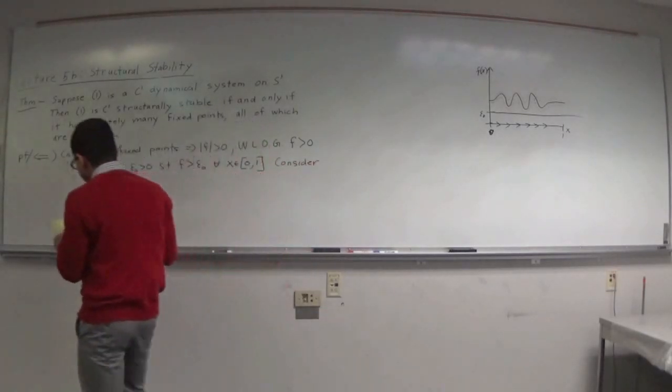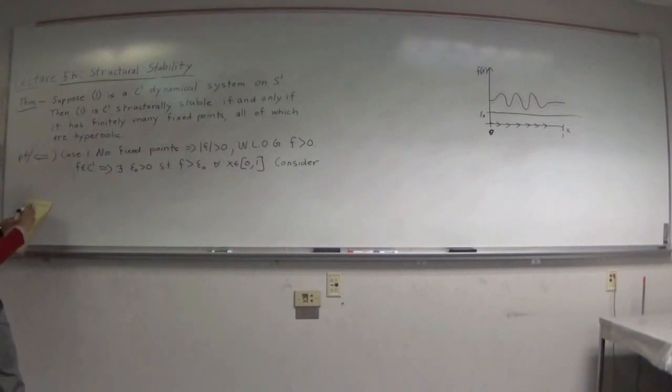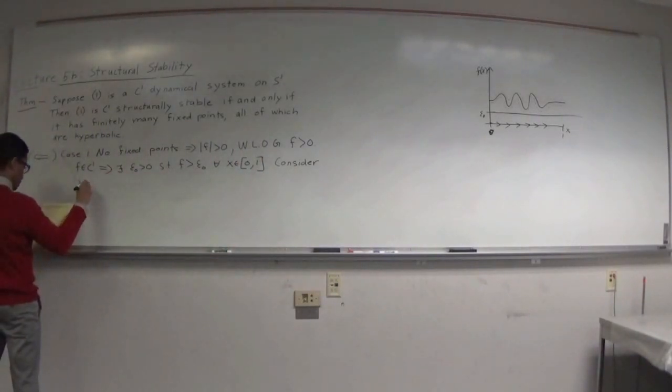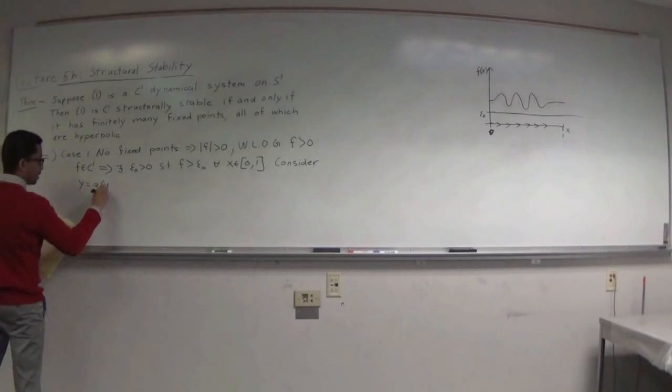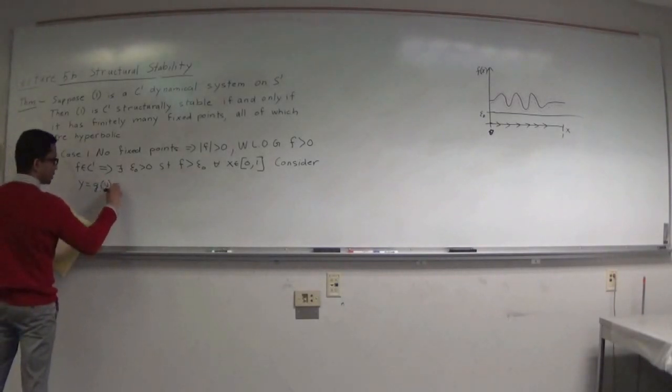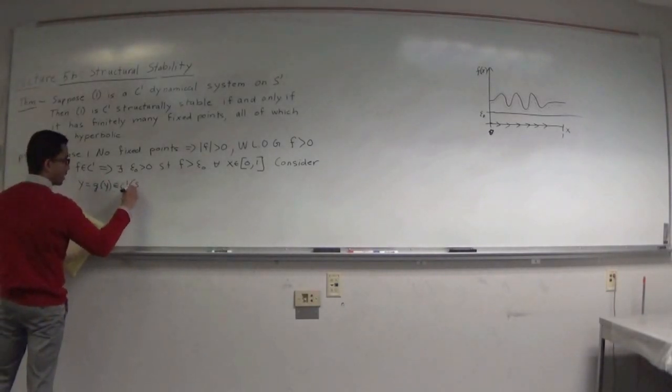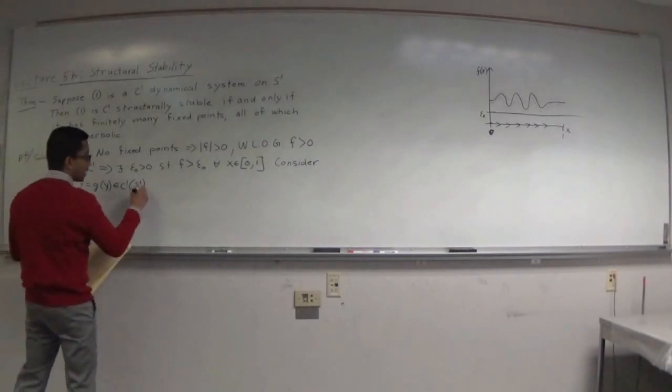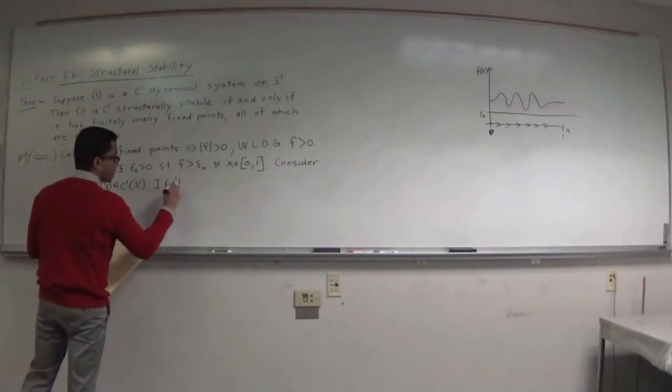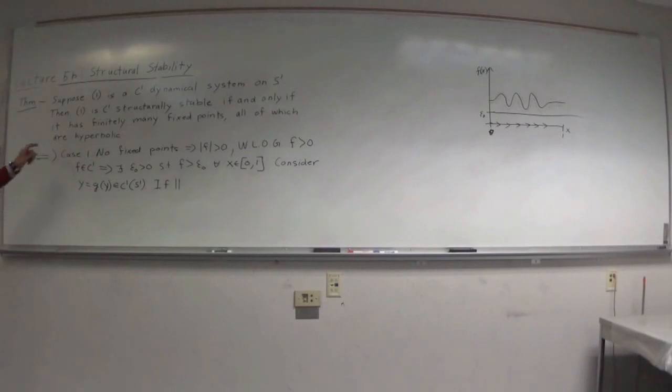Now we're going to consider our other dynamical system. Consider y dot equals g of y, which is also continuously differentiable on S1. Now we're saying that we want to be close enough.